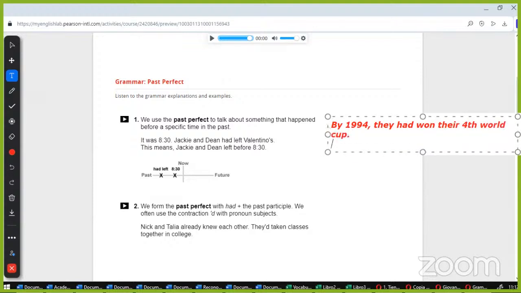Okay, so by a time in the past, like before 1994, they had won their fourth World Cup. Or something like, when I called them, they'd already left.